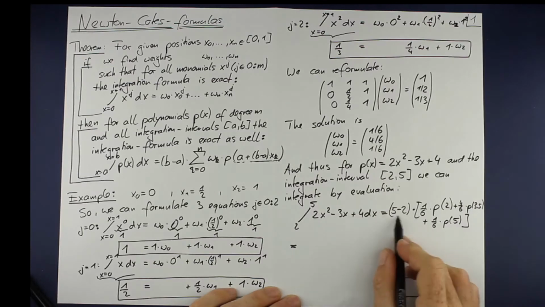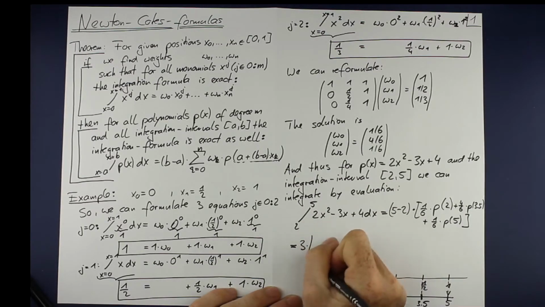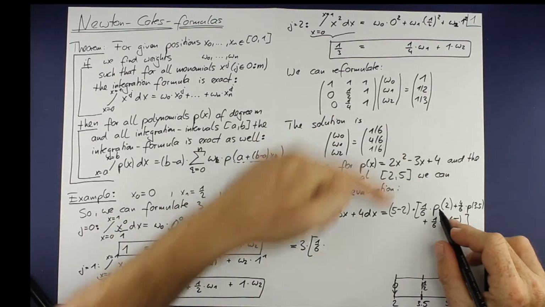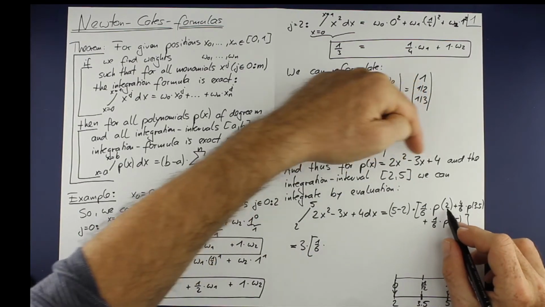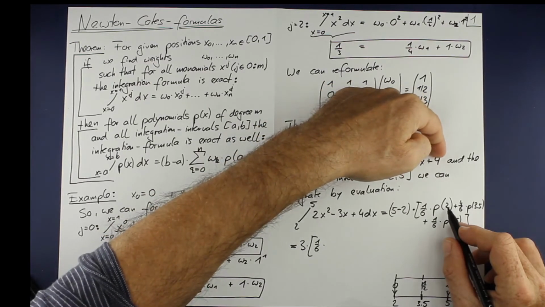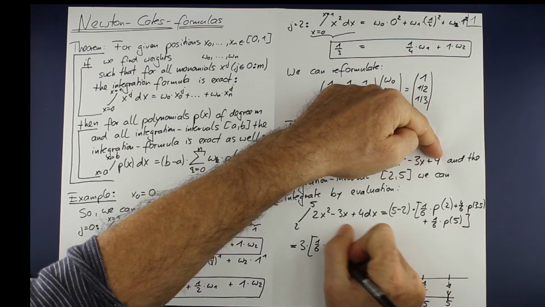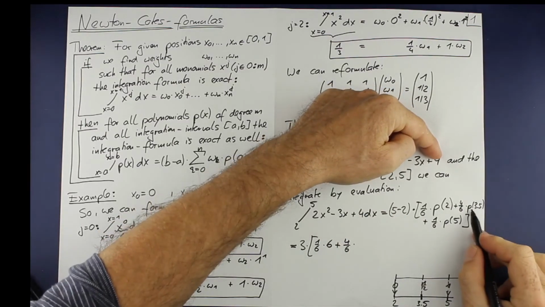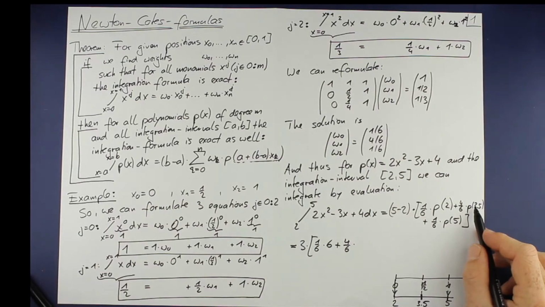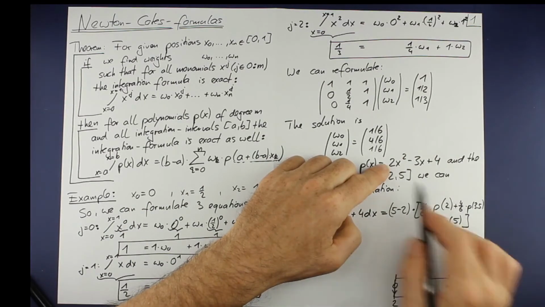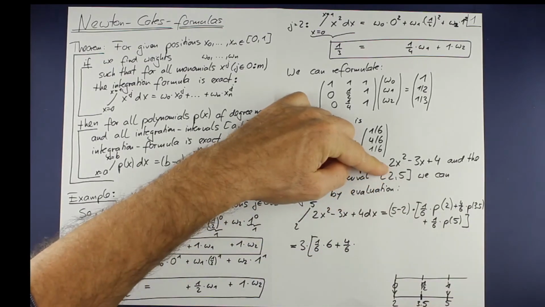And what do we get? So we have 3 times 1 divided by 6. Evaluate your polynomial at position 2. 8 minus 6 plus 4 is a 6. Plus 4 divided by 6. Evaluate at position 3.5. Maybe use electronic help. 3.5 squared. Okay, that's not so nice.